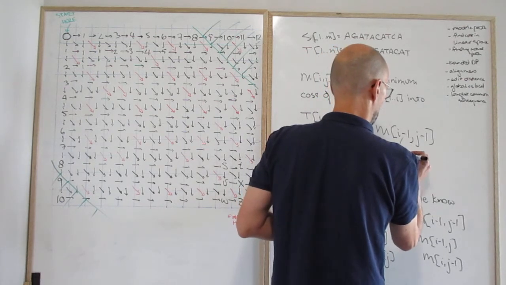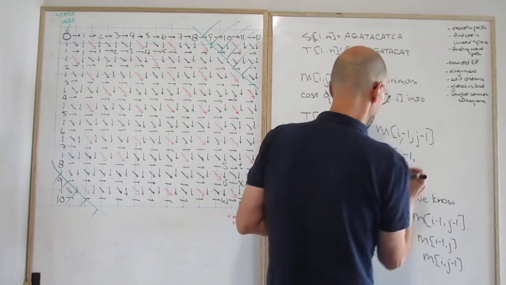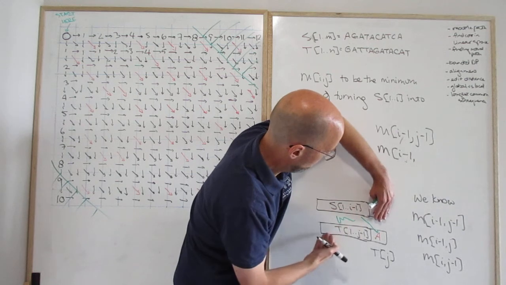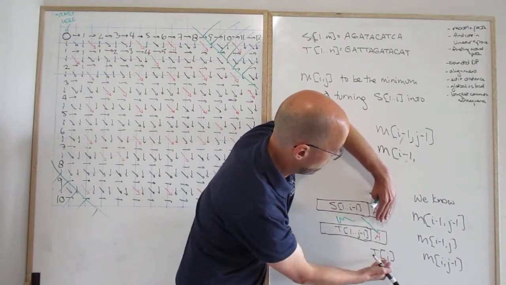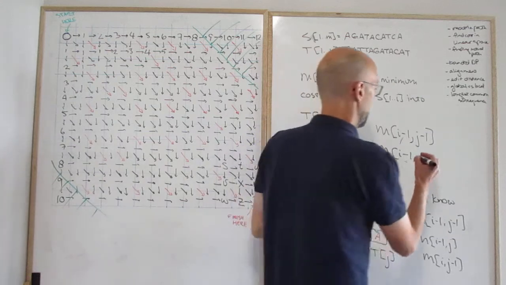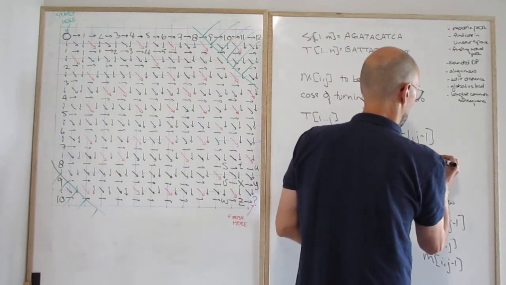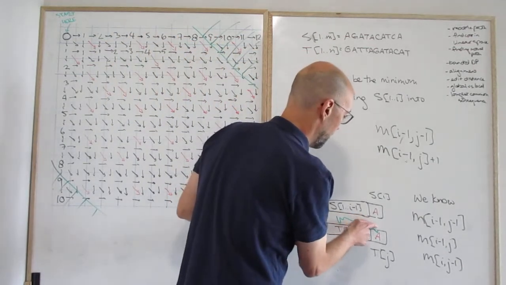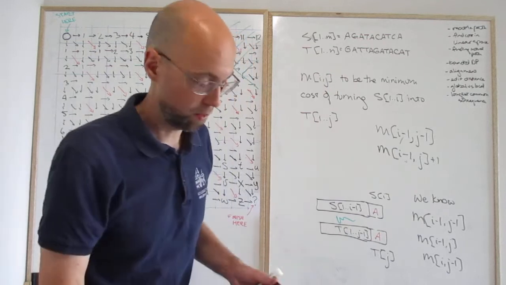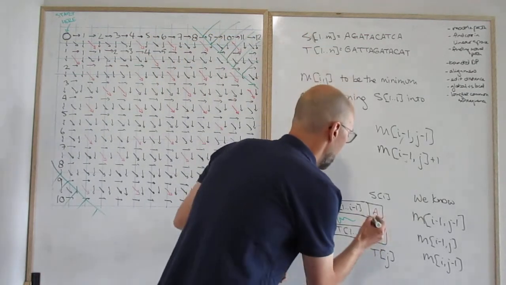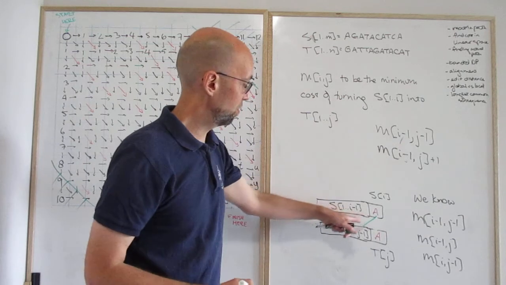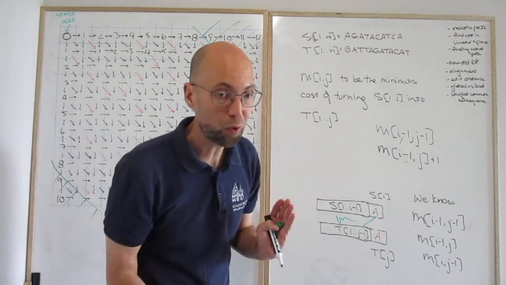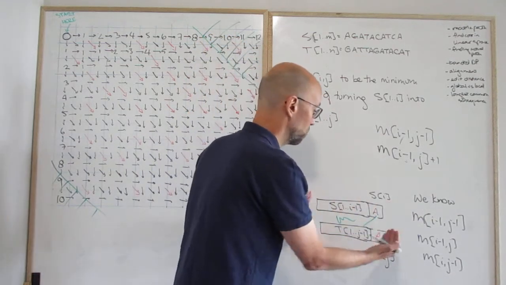So then we can do M(i-1, j), but you're aligning S1 to S(i-1) to T1 to Tj. So there, it's this plus 1. Or you could decide that this is going to align to something earlier, and this doesn't align to anything in this, not in the alignment of the whole strings, only in the alignments of these two prefixes.